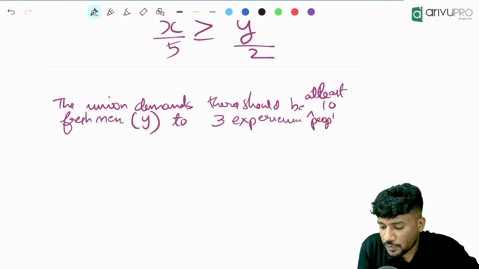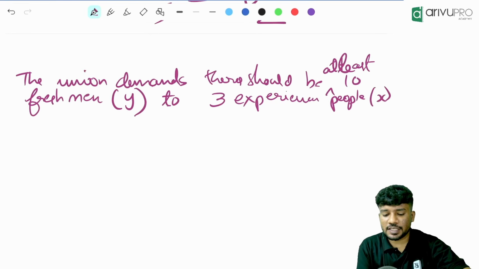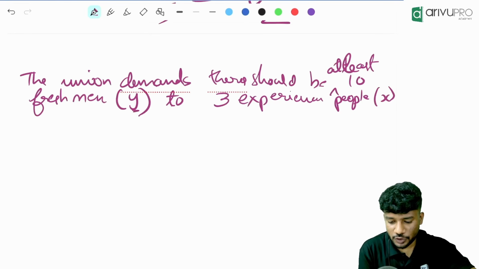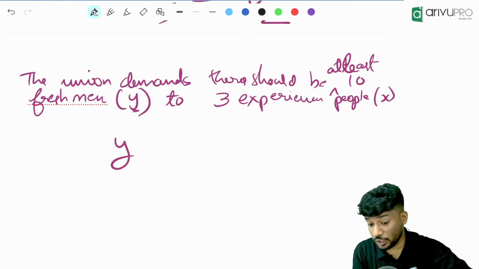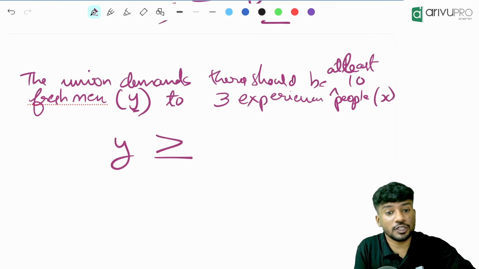Okay. So what is given first? Y is given first. So you will write Y. Now, since it is demands and at least, you will write greater than or equal to. Greater than or equal to X.